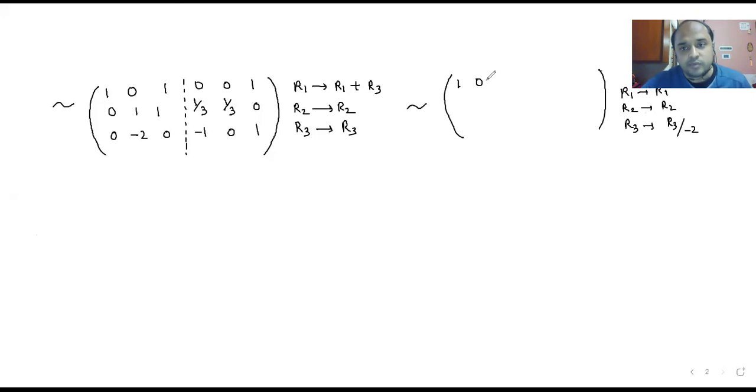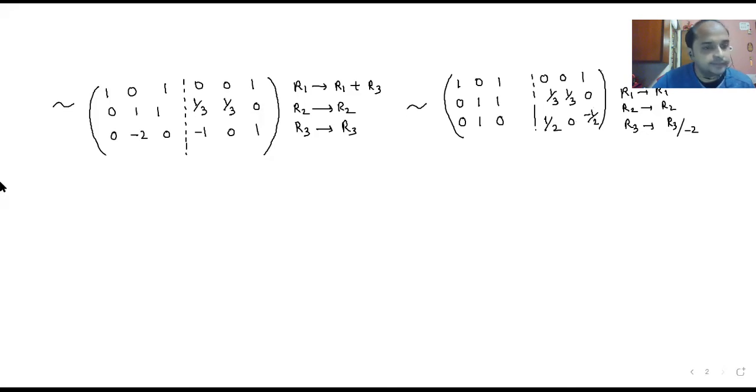So this becomes 1, 0, 1, 0, 0, 1, 0, 1, 1, 1/3, 1/3, 0, and that becomes 0, 1, 0, and that is half, 0, minus half.